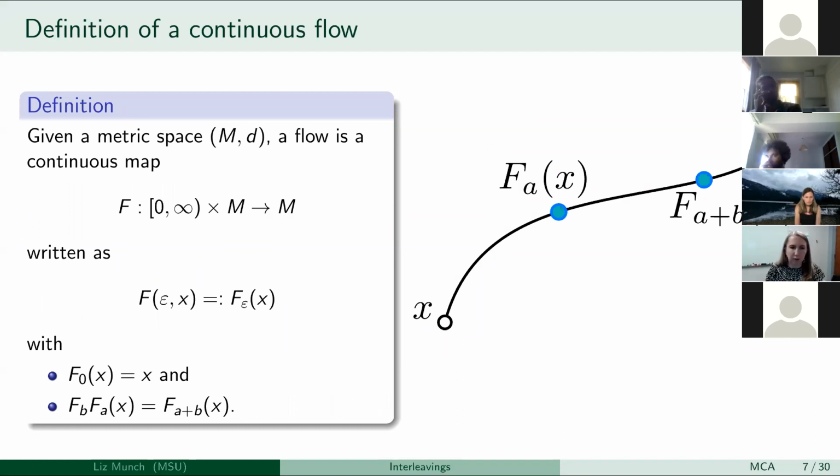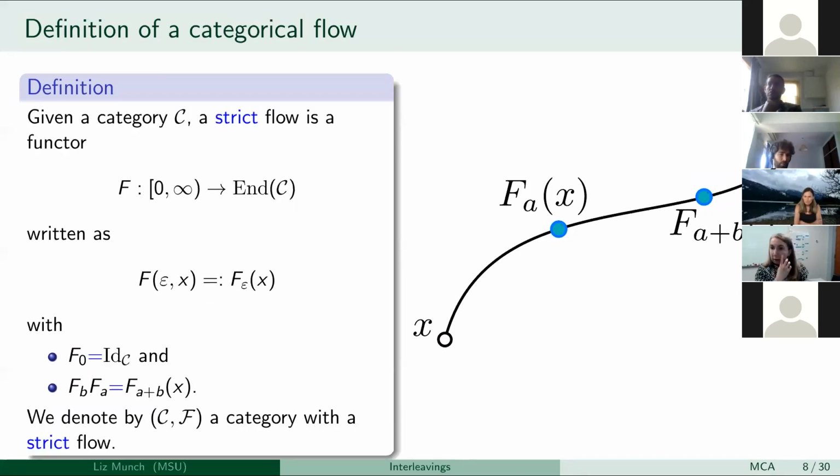And that should have some nice properties. For instance, if I flow by nothing, I should get my same thing back. And if I flow by A and then flow by B, that should be the same thing as going forward by A plus B. And so what we're going to do is take all of the definitions in here and swap them out with objects in a category. So if you give me some category, I'm going to define a special case of a flow, a strict flow, to be this functor where I again have an epsilon parameter that I can work with.